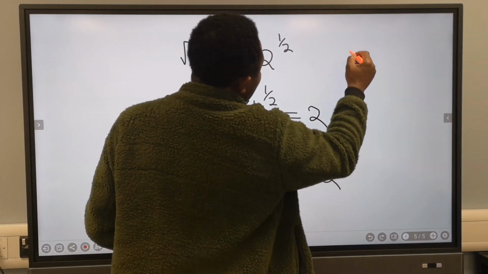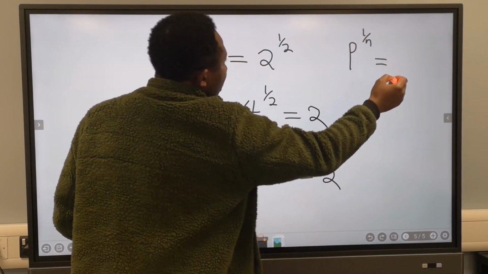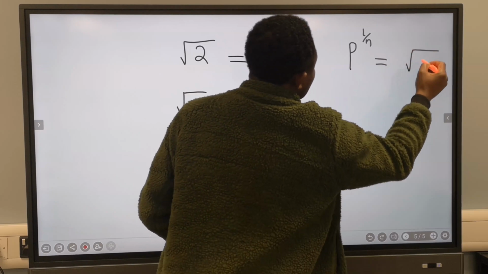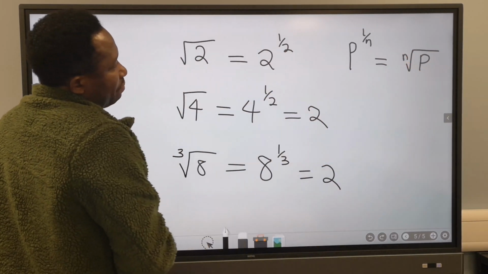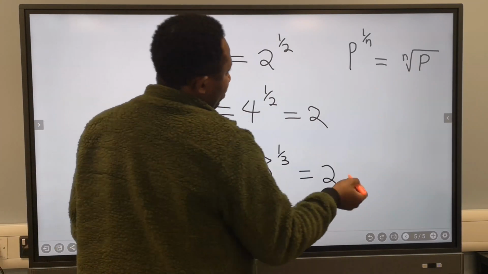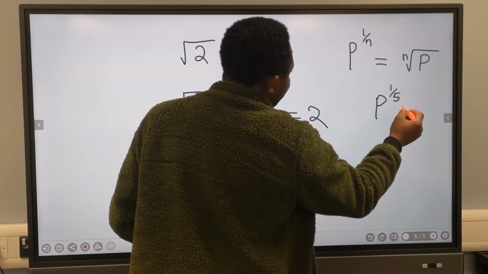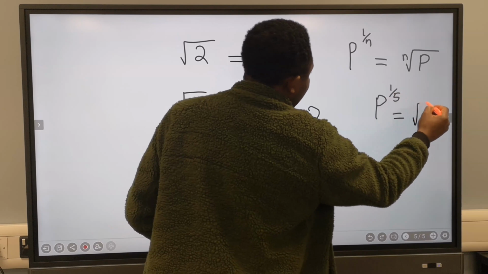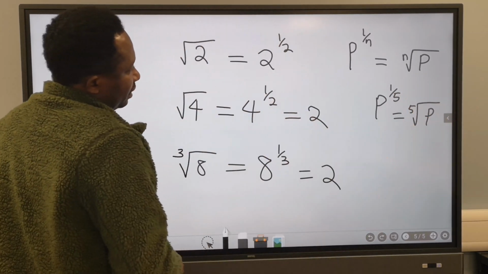Hence, if I have p to the power of 1 over n, this is simply saying the nth root of p. This n can be any number. For example, p to the power of 1 over 5 is the 5th root of p.